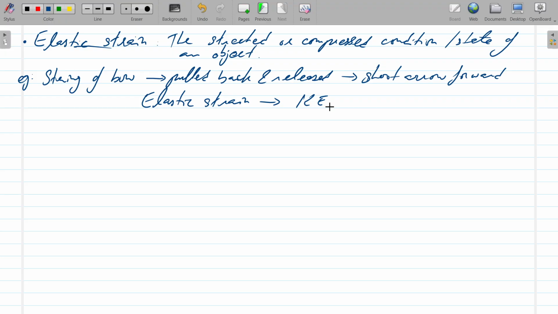Then you've got electrostatic energy. This is the energy in charged particles.